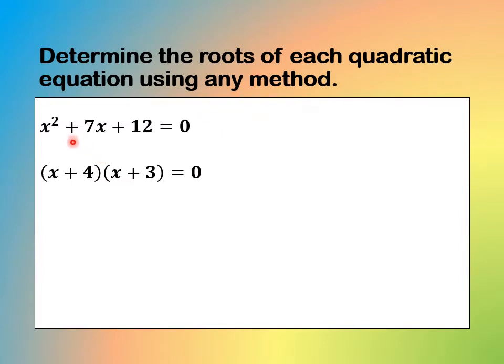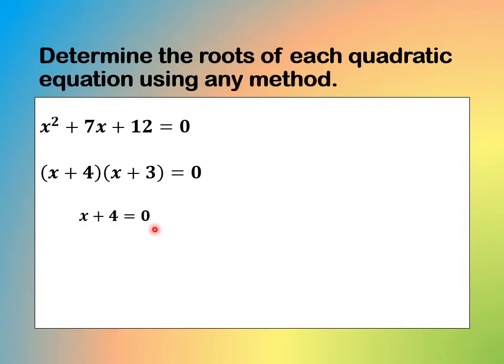Since ang sign ng ating linear term ay positive, kaya ang sign ng binomials natin ay parehas na positive. Okay? So, we have the factors of the quantity x plus 4 times the quantity x plus 3 is equal to 0. Now, by using the zero product property, we need to equate each factor to 0.